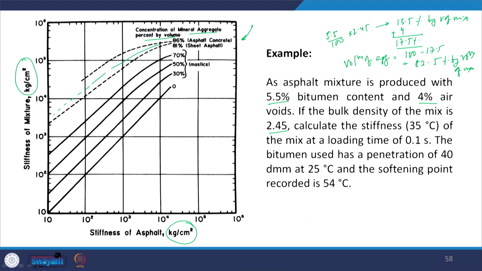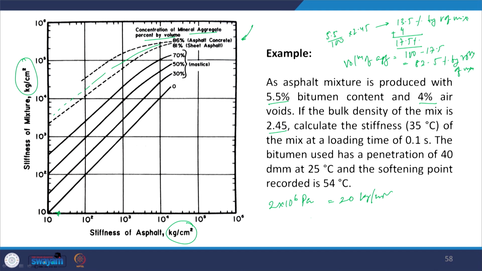And the stiffness of the bitumen which we predicted using the previous nomograph was 2 into 10 to the power 6 pascals, which is actually 20 kg per centimeter square. So, here we can mark 20 kg per centimeter square.